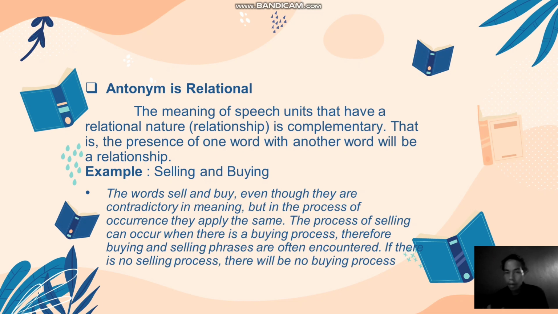The words sell and buy, even though they are contradictory in meaning, in the process of occurrence they apply the same. The process of selling can occur when there is a buying process. Therefore, buying and selling phrases are often encountered. It means that if there is no selling process, there will be no buying process, they need each other.